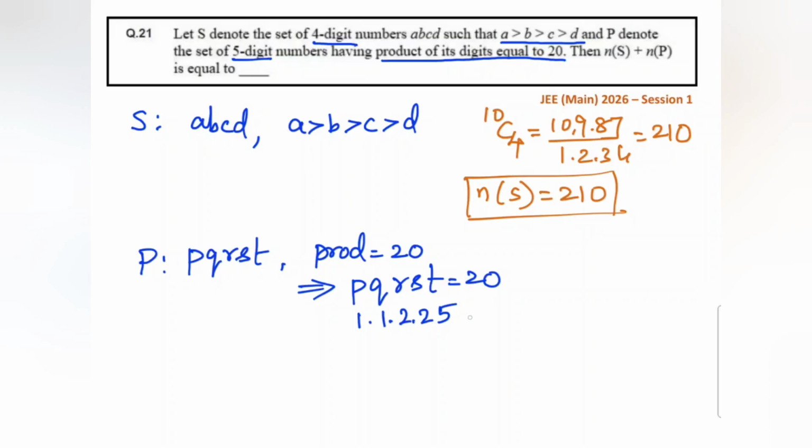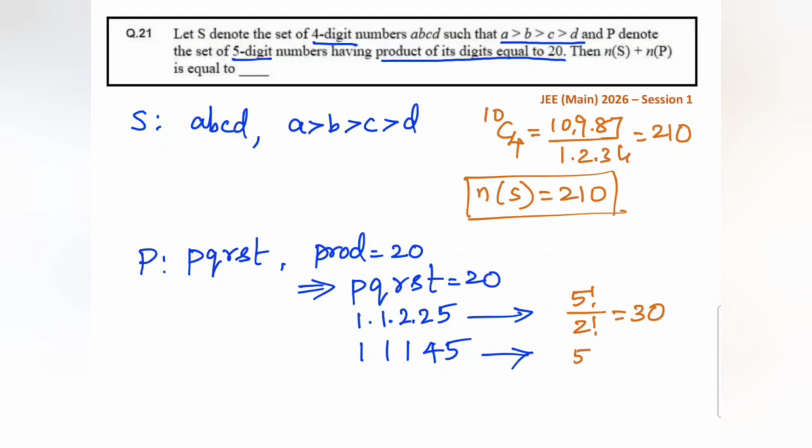This is one possibility, which can be arranged in 5 factorial by 2 factorial, which is nothing but 30. And the second possibility is 1, 1, 2 into 2 is 4, so 1, 1, 1, 4, 5. So P is 1, Q is 1, R is 1, S is 4, T is 5. So this also is one possibility.